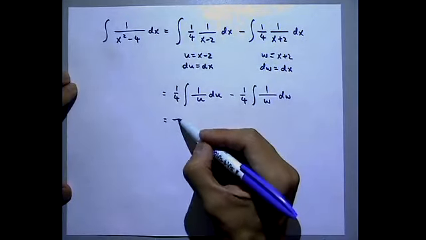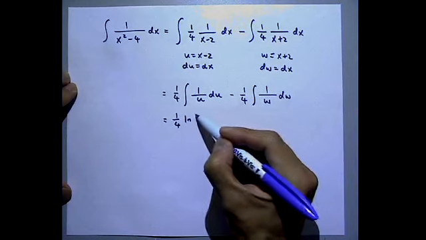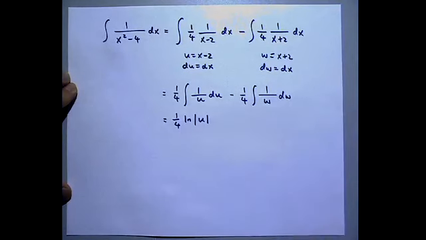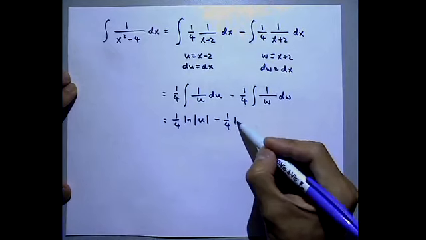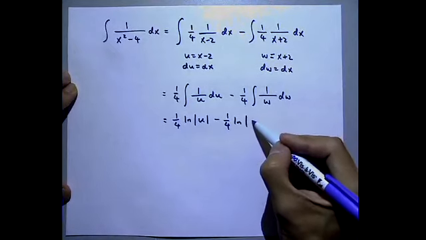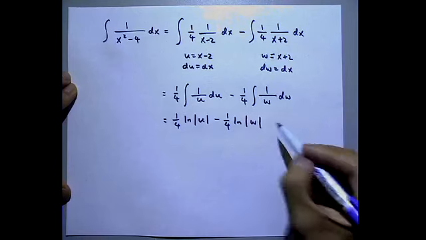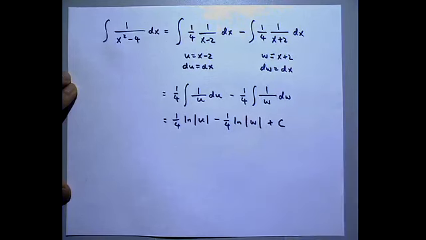So we get 1 over 4 natural log of the absolute value of u minus 1 over 4 natural log of the absolute value of w and some constant.